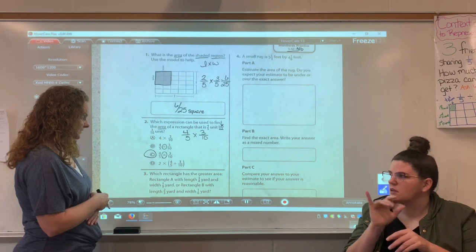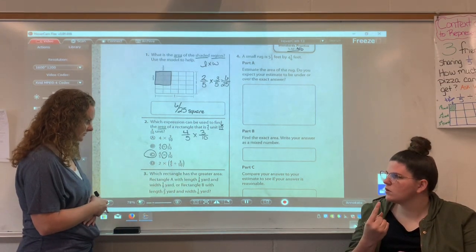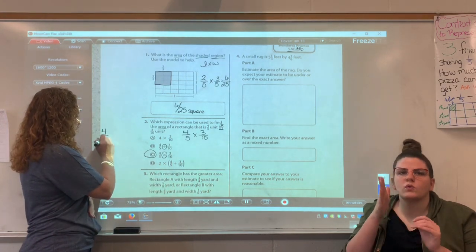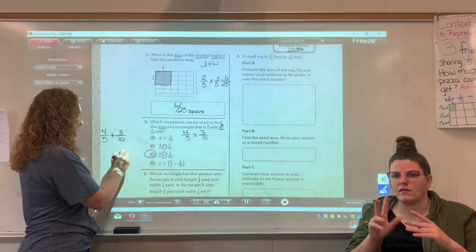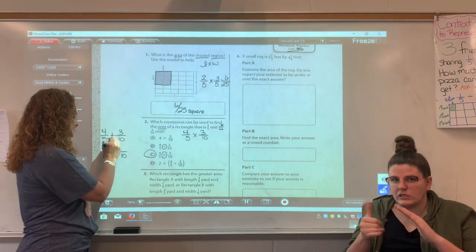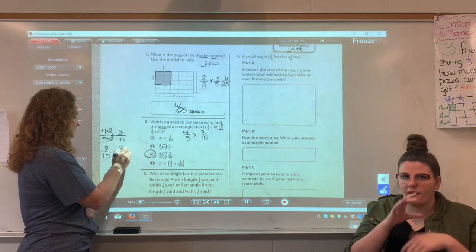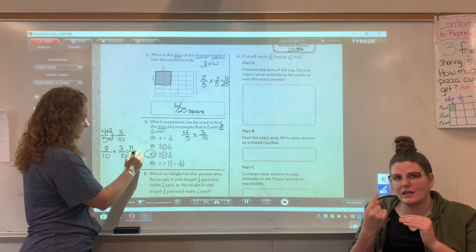The only one you'd have to work out is the addition, where you have to take a common denominator. We have 4/5 plus 3 tenths, and we're going to keep our 10, because that's what 5 can go into. This is times 2, so this times 2. We end up with 8 tenths plus 3 tenths, which equals 11 tenths.